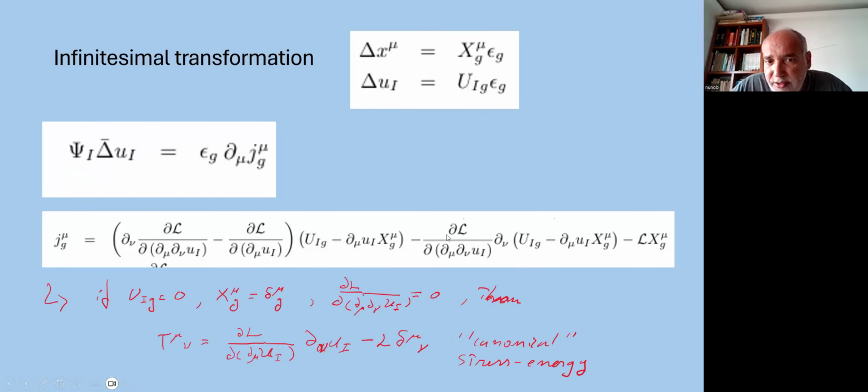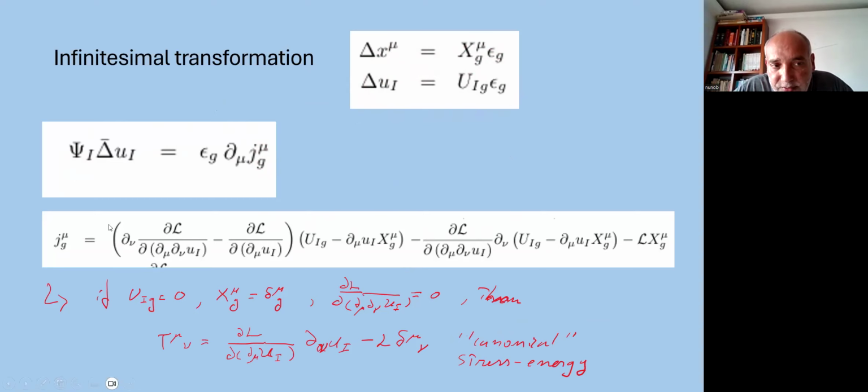And then I just wrote this to show you the standard result. If you consider variations like this of your space-time variables and infinitesimal variations like these of the fields, then the divergence of this quantity is proportional to the equations of motion.